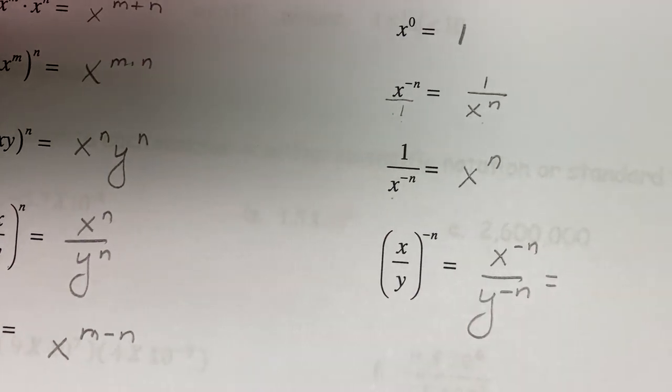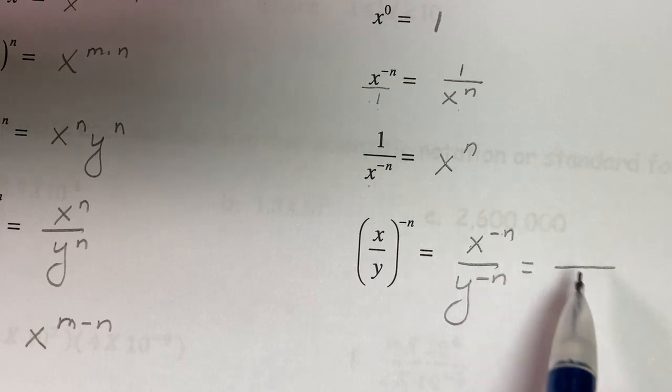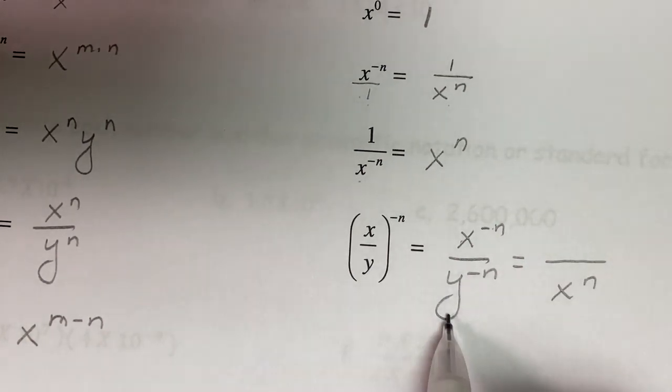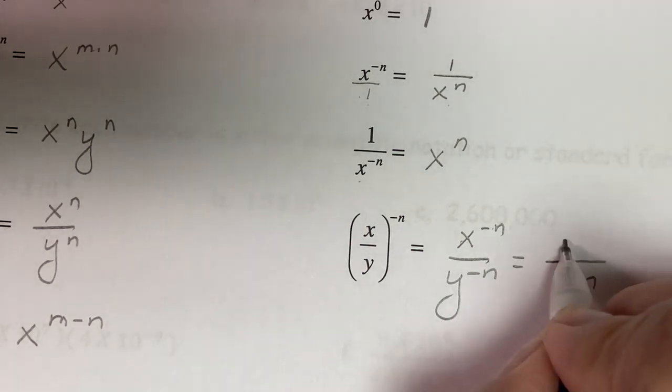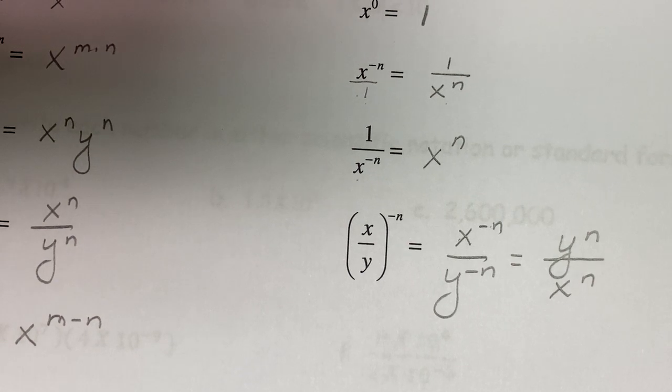And then let's see what happens. So again, this x to the negative n is going to go downstairs and become x to the n. And this y to the negative n is going to go upstairs and become y to the n. So when you have a fraction being raised to a negative exponent, the fraction flips.